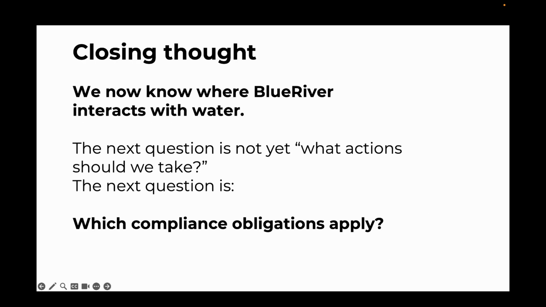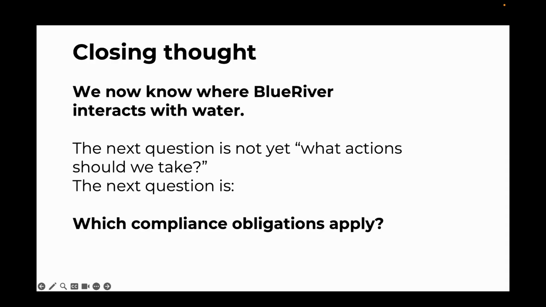In this episode, we move from the lifecycle map to a practical water-related aspects register. And that is an important step. The lifecycle map shows where BlueRiver operates and where it has control or influence.